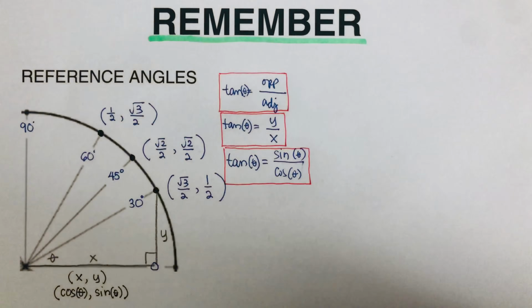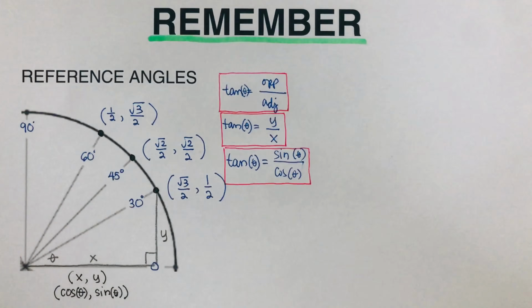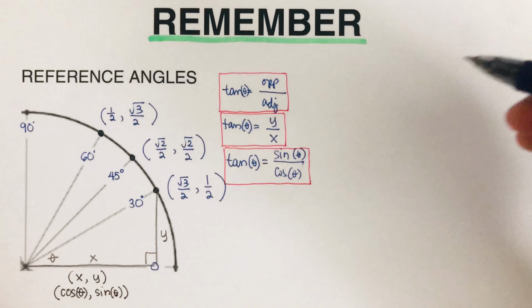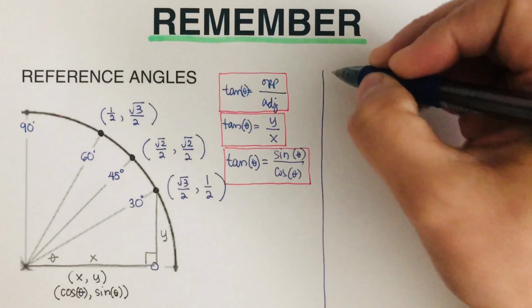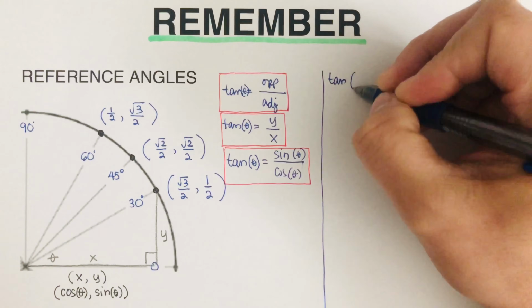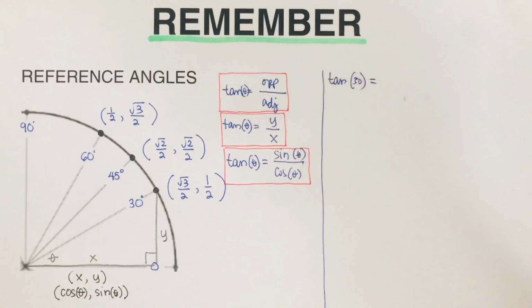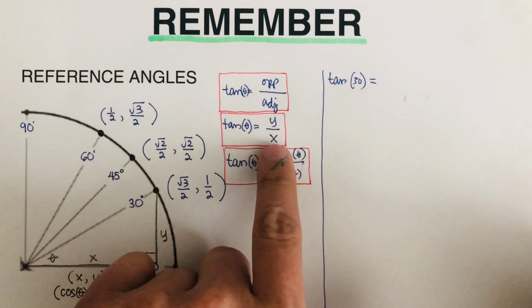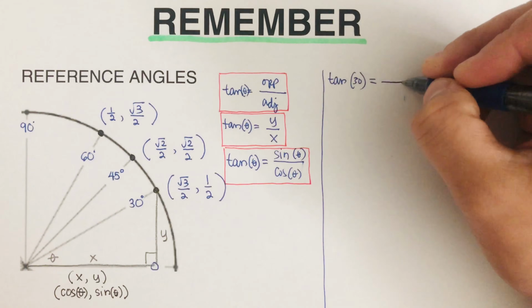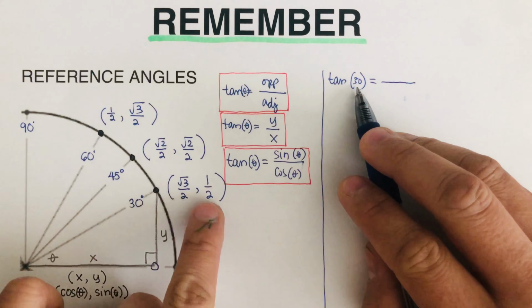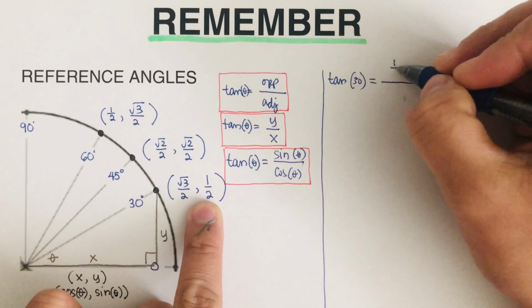Okay, so how do we determine the tangent for 30? I'm going to show the work on the side. So let's take 30 first. This is for tangent 30. The formula for tangent is y over x, or sine theta over cosine theta. In this 30, our y is 1/2, so I write 1/2 on top.